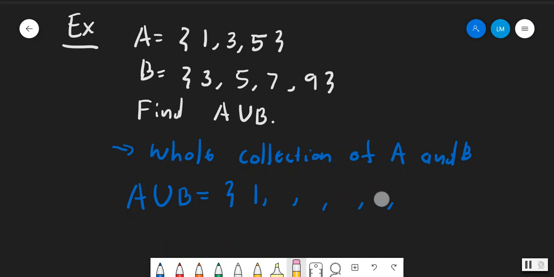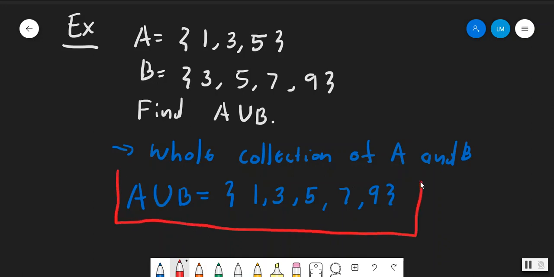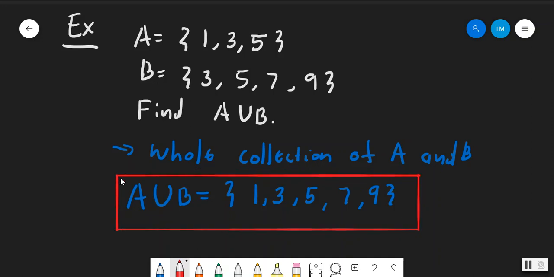Okay, so we just have to be careful with this. So we have 1, 3, 5, 7, and 9, and that would close out the whole set. So the answer is just collecting all of the elements and writing them out in your set form.